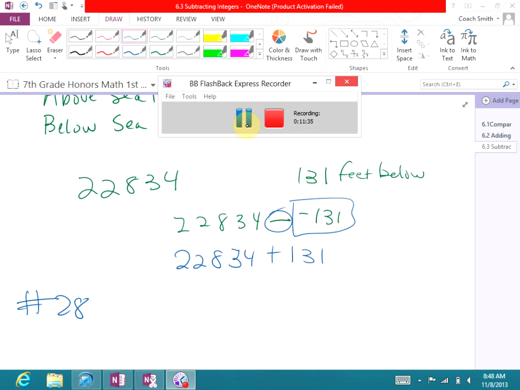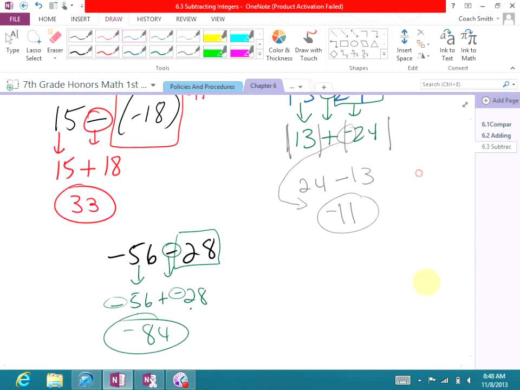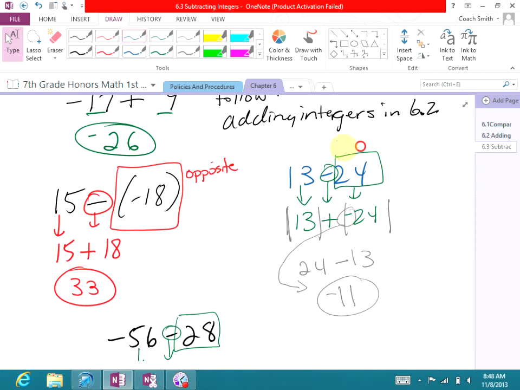No, because if we look up here, that right there, 13 minus 24 was two positives, and we came up with a negative 11. Well, the reason we subtracted them yesterday is because they had a positive and a negative.